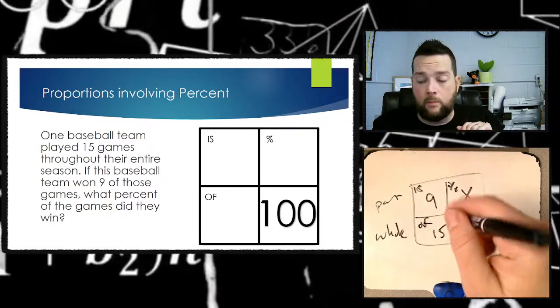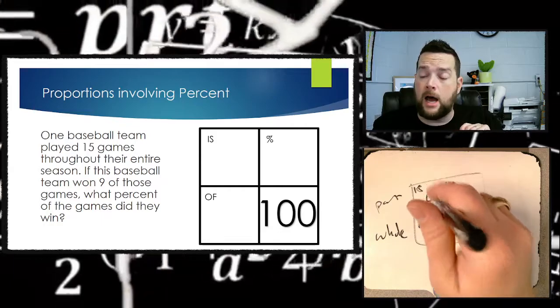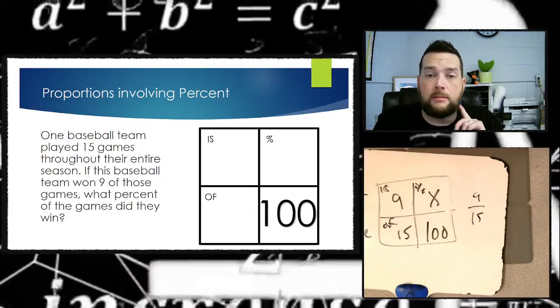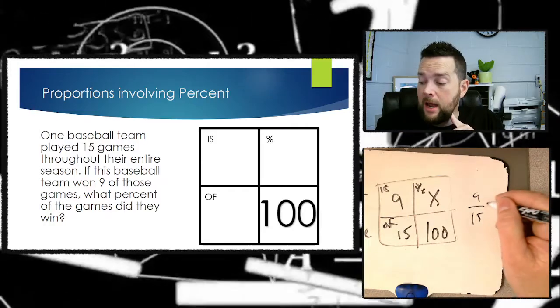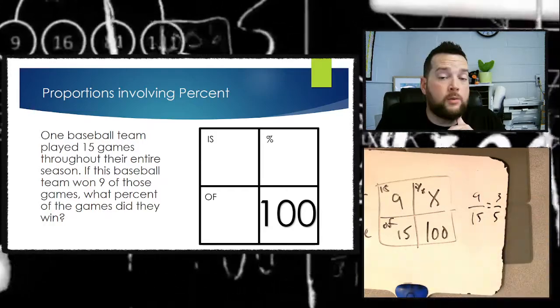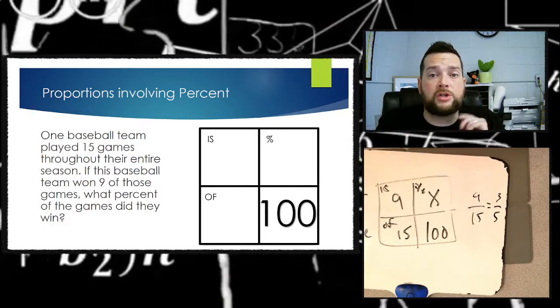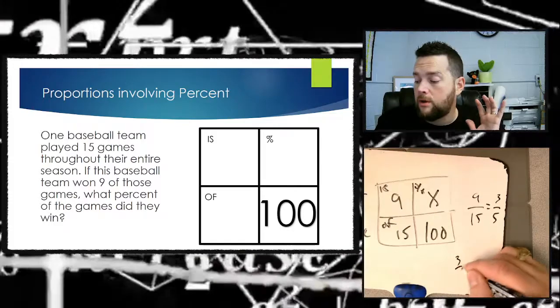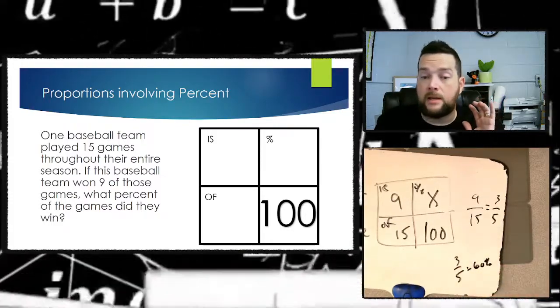So we put the small number on top and the big number on bottom, which is really just a fraction, okay? It's 9/15 as a fraction, and that'll simplify down to 3/5, all right? Which, if you know your standard benchmark fractions, decimals, and percents, you know that 3/5 equals 60%, all right?